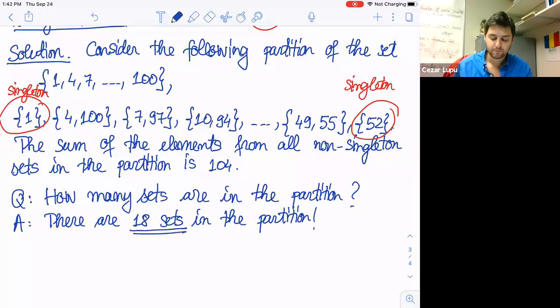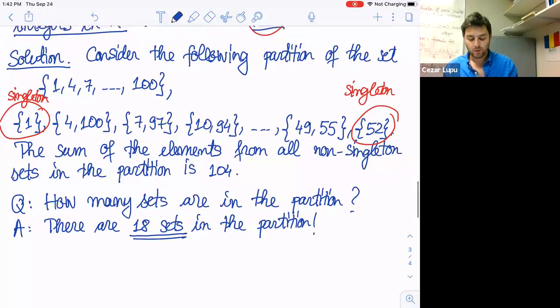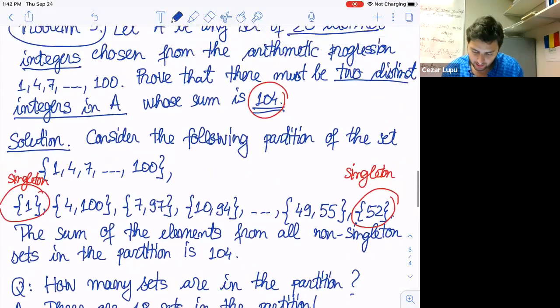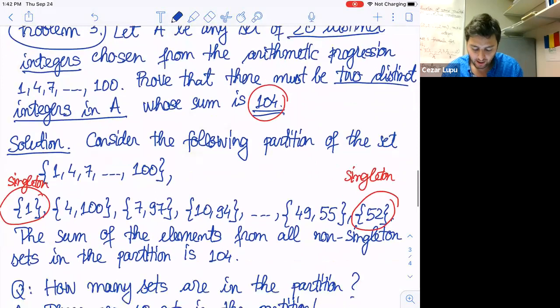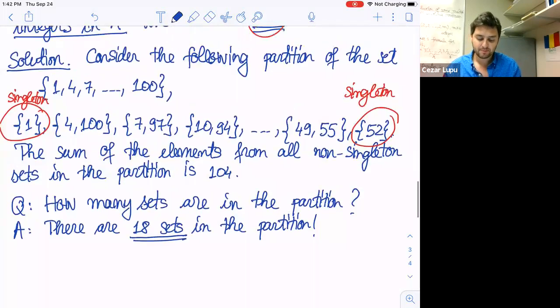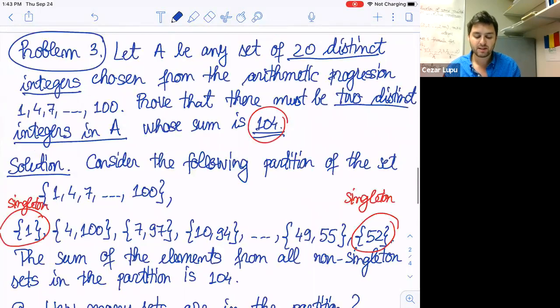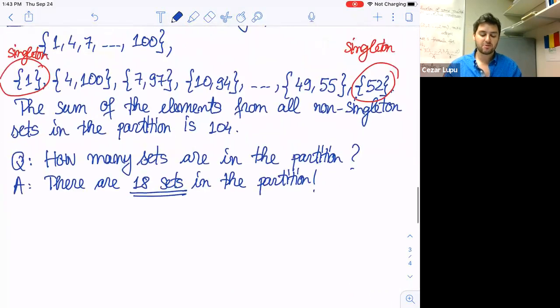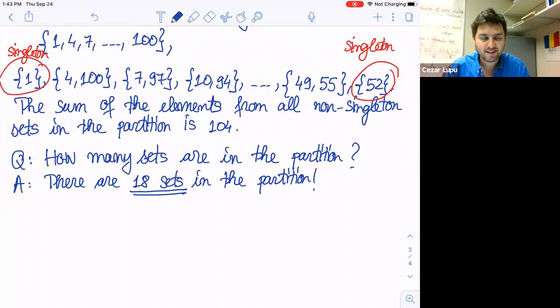That's important. All right, let's see what we have. We have 18 sets, and I have 20 distinct integers. Somehow I put these 20 distinct integers into these 18 sets. What can you tell me?